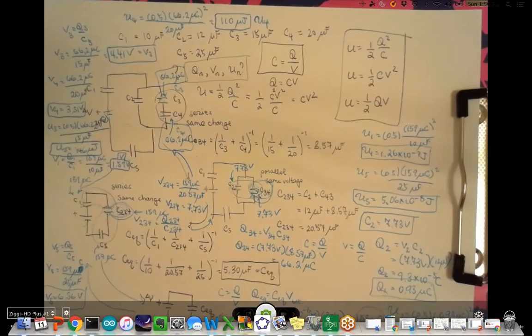Also, if you need any of the brute force method equations from magnetism or from electrodynamics, I'll put those on there as well, the ones you didn't have to memorize or put on your sheet, like the ones for, say, a disk or a line of charge. And then if you need any of the moment of inertia equations, I will also put those on the exam.